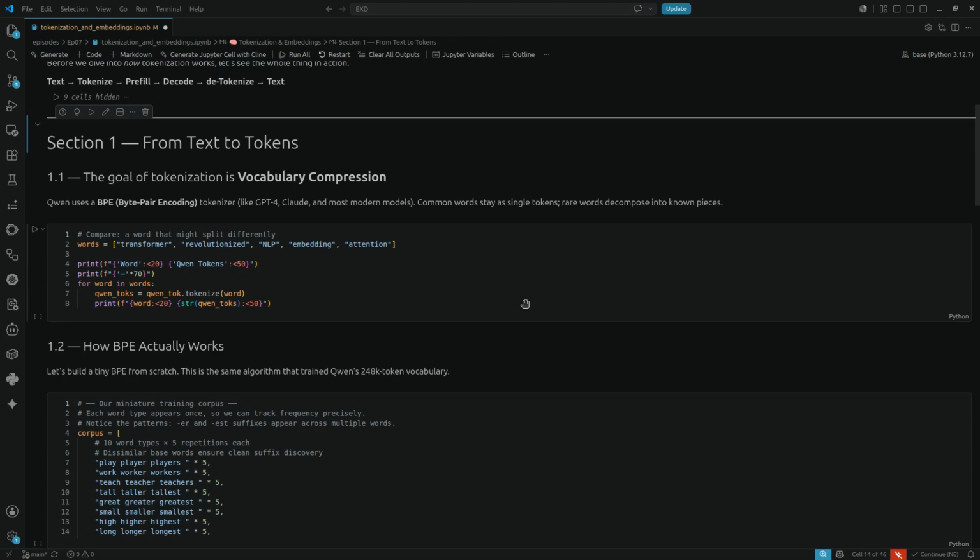The goal of tokenization is vocabulary compression, not to the extreme limit, which is find the smallest number of tokens that can represent everything in a language, but some sort of semantically useful level, so that the LLM is not processing our words character by character.